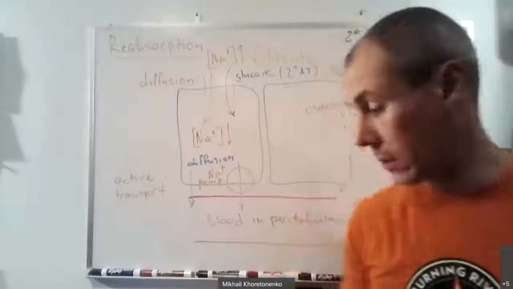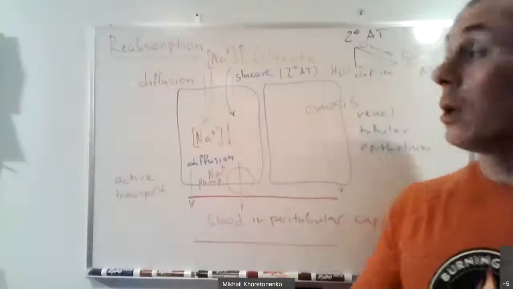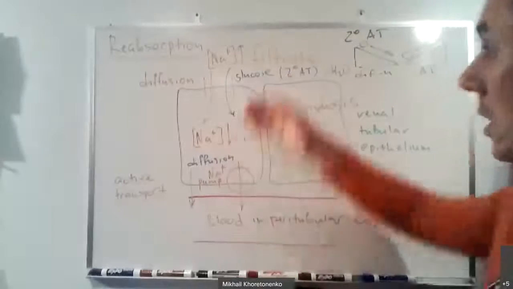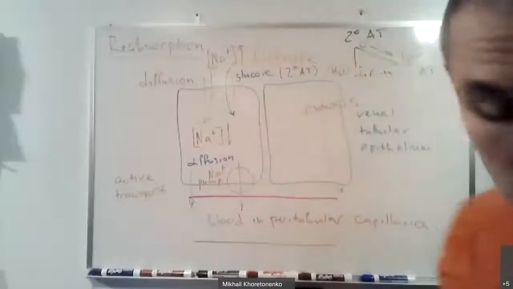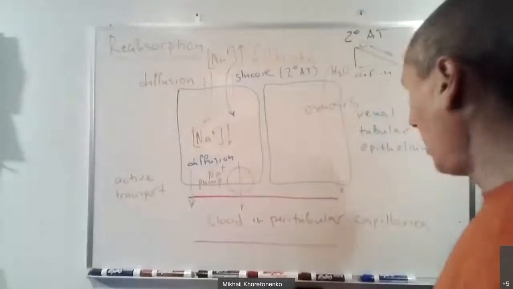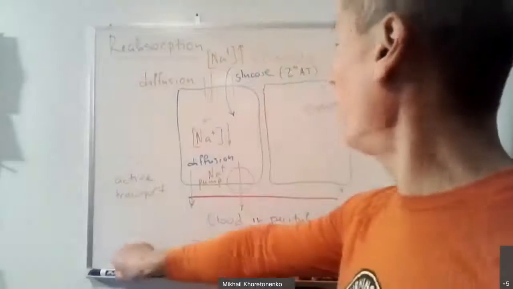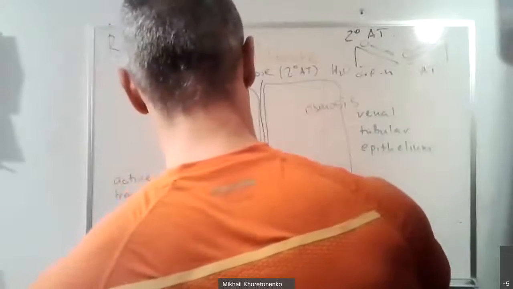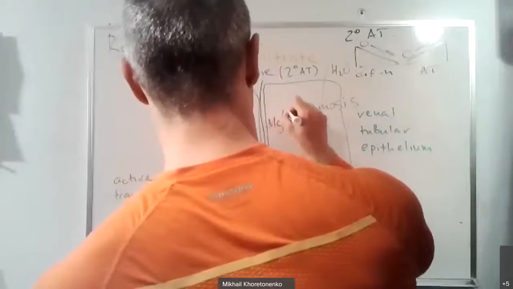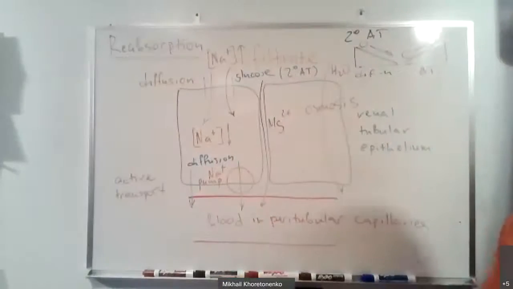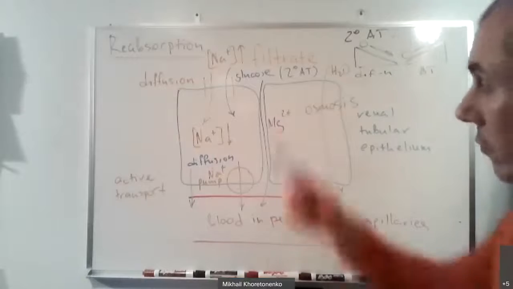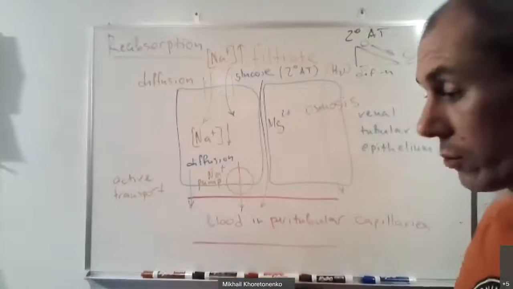Does that make sense? Since it increases, ions can basically diffuse between the cells. This is true, for example, for magnesium, which can be reabsorbed by diffusion from the highly concentrated filtrate.